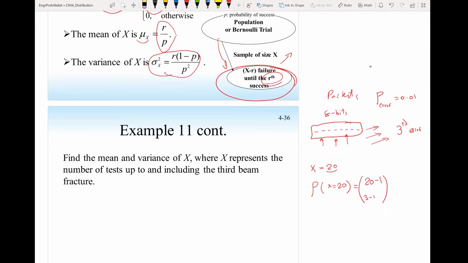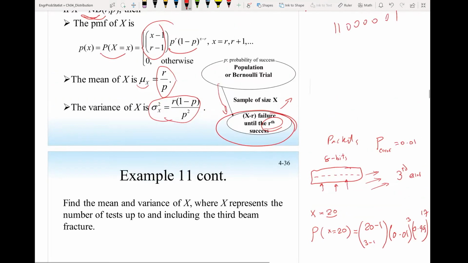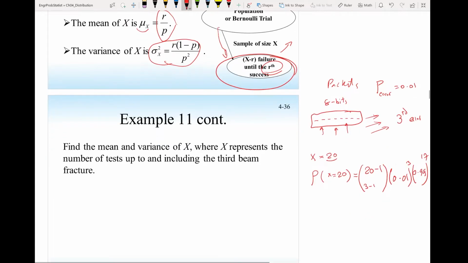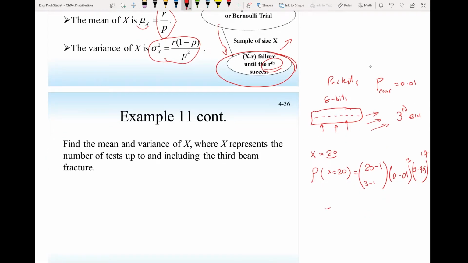There are 3 bit errors, so that will be 0.01 to the power of them, and bits with no error, 0.99. There are 20 minus 3, 17. So I'm using these equations. And if I calculate this, that will be 19 factorial divided by 2 factorial, 17 factorial, times 0.01, 0.99. And if you calculate this, you should get a very small probability.